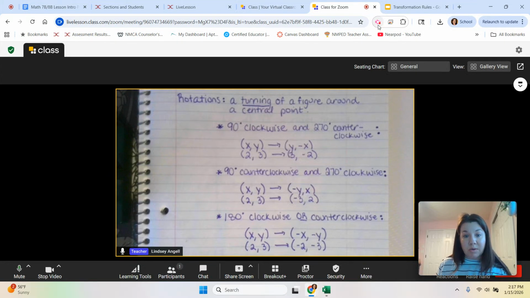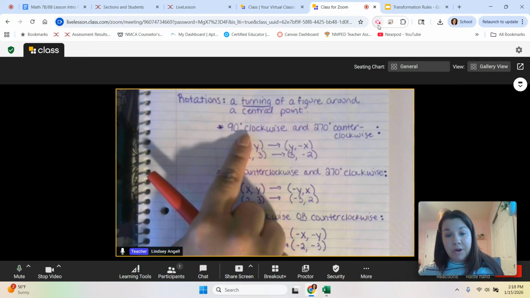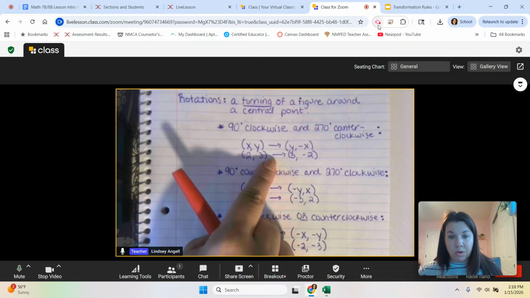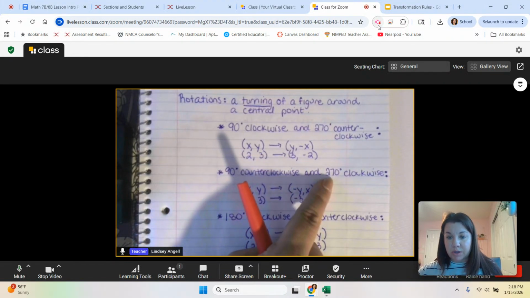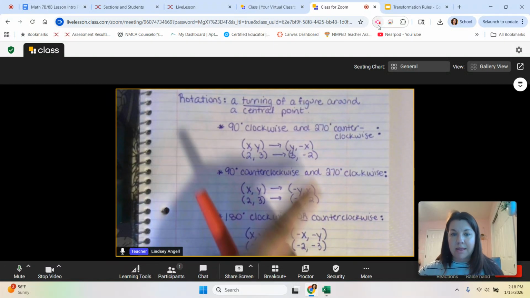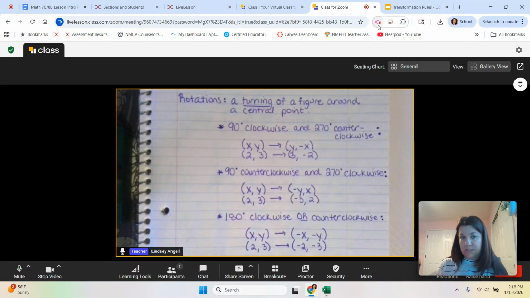Figure out, what is the question asking me? Is it asking me for a 90-degree clockwise rotation? Then follow this rule. Is it asking me for a 270-degree clockwise rotation? Follow this rule. Figure out what it is asking of me, and then go from there.